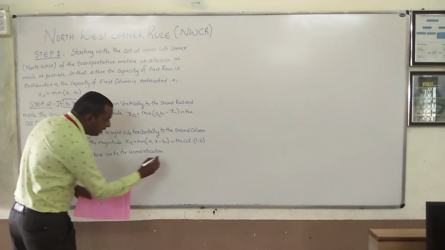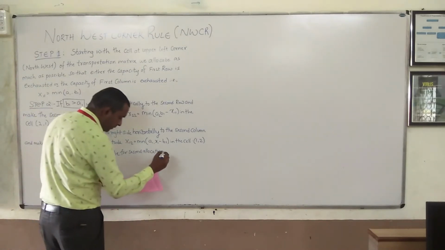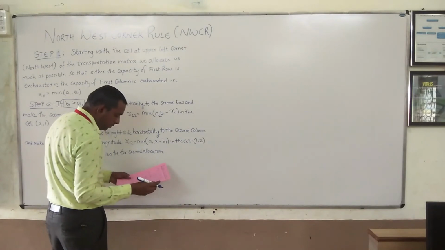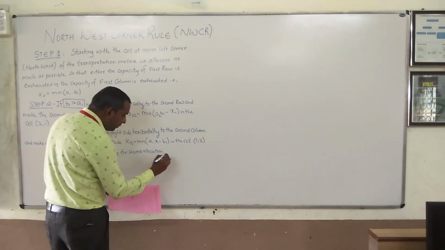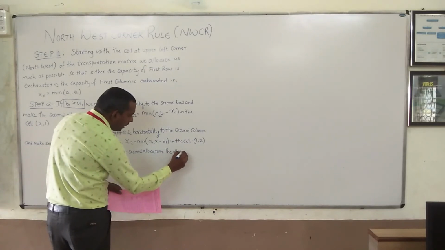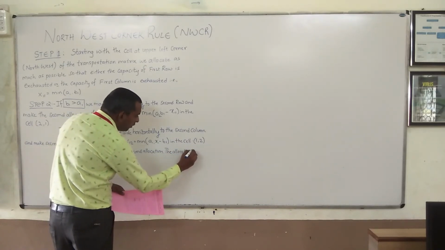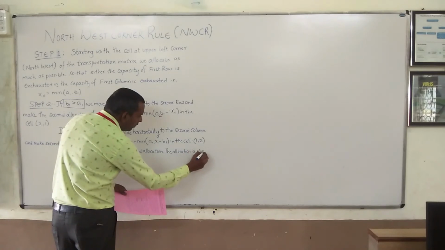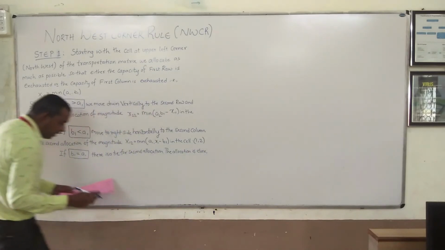Fine. The allocation is done. How is it done?